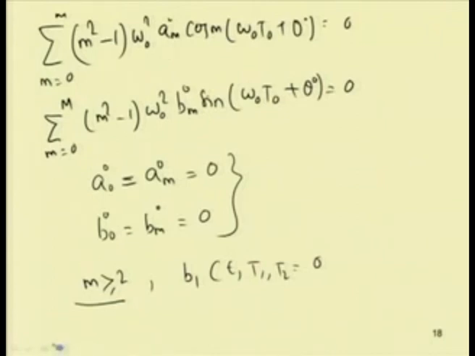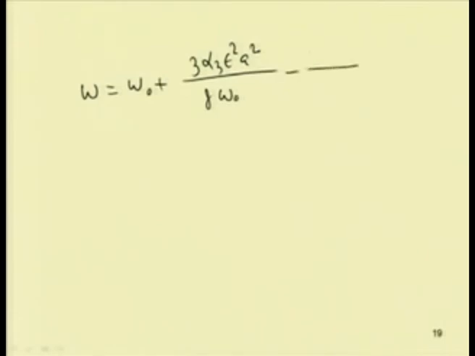From this equation, we can get the frequency amplitude relation in this form: omega equal to omega 0 plus 3 alpha 3 epsilon square A square by 8 omega 0 minus 5 alpha 2 square epsilon square A square by 12 omega 0 square, plus higher order terms. By using this intrinsic multiple scale harmonic balance method also, one can solve different types of nonlinear equations.